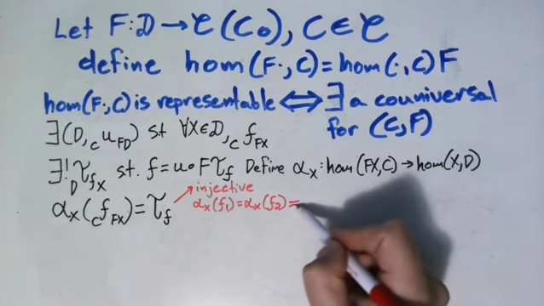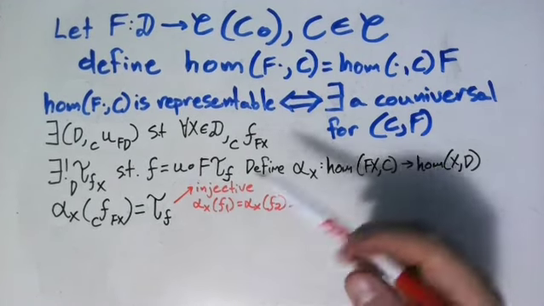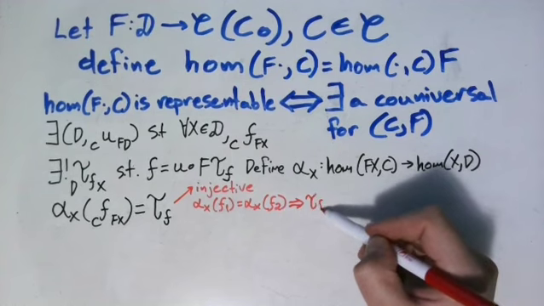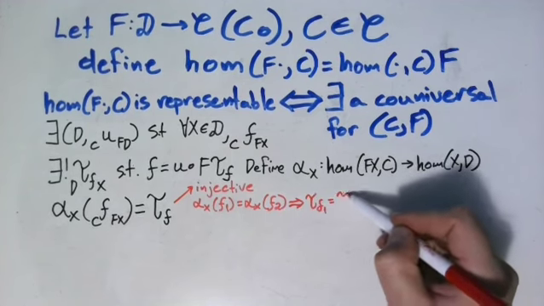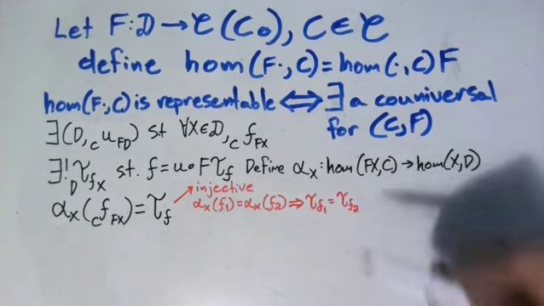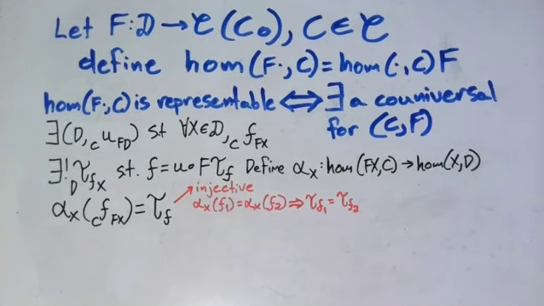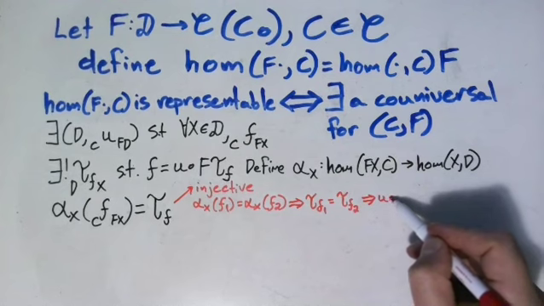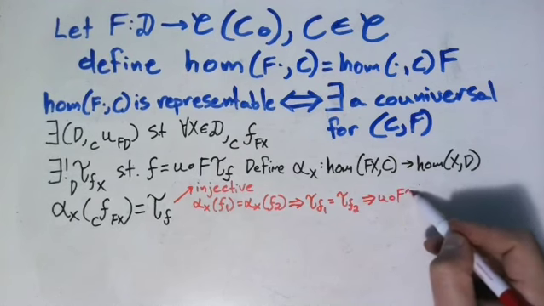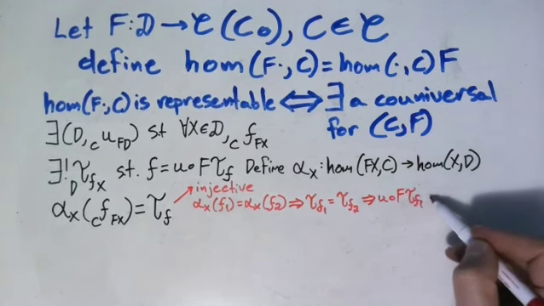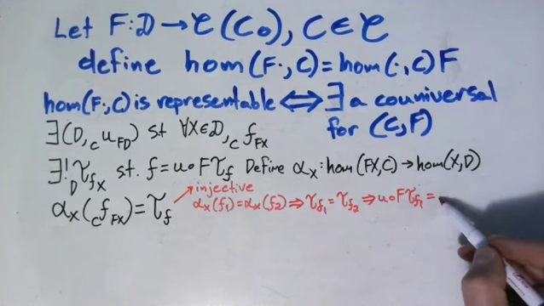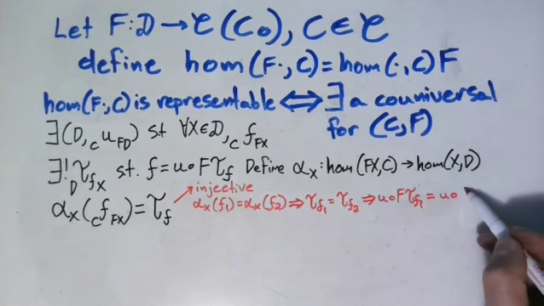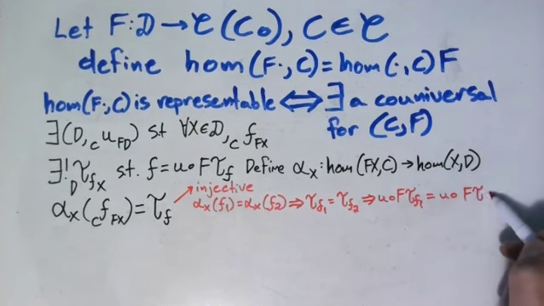And if that's the case, then tau f1 is going to be equal to tau f2. But if that's the case, then we can apply the same thing to both sides to get u after F tau f1 equal to u after F tau f2.